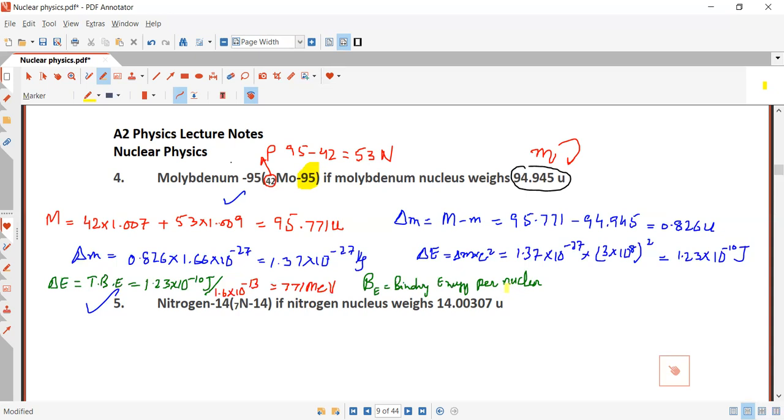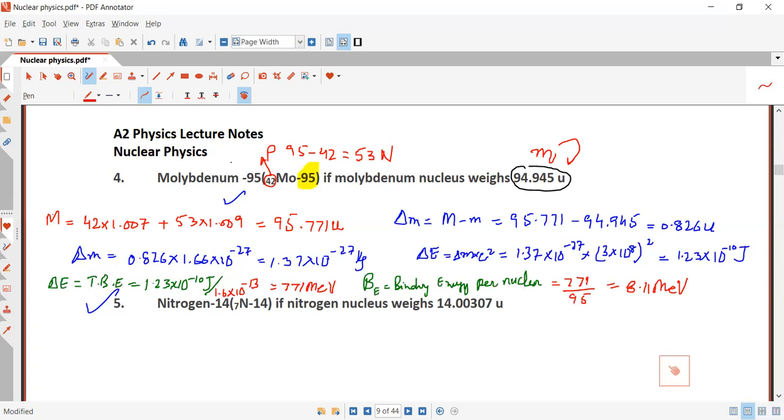We put the value of the total binding energy, 771 million electron volts, and divide it by the total number of nucleons, 95, and it's going to be 8.11 million electron volts. That is the binding energy per nucleon for the molybdenum nucleus.